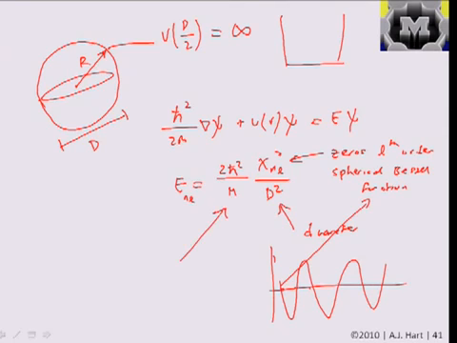And where the mass here is an effective mass for the electron and the hole.